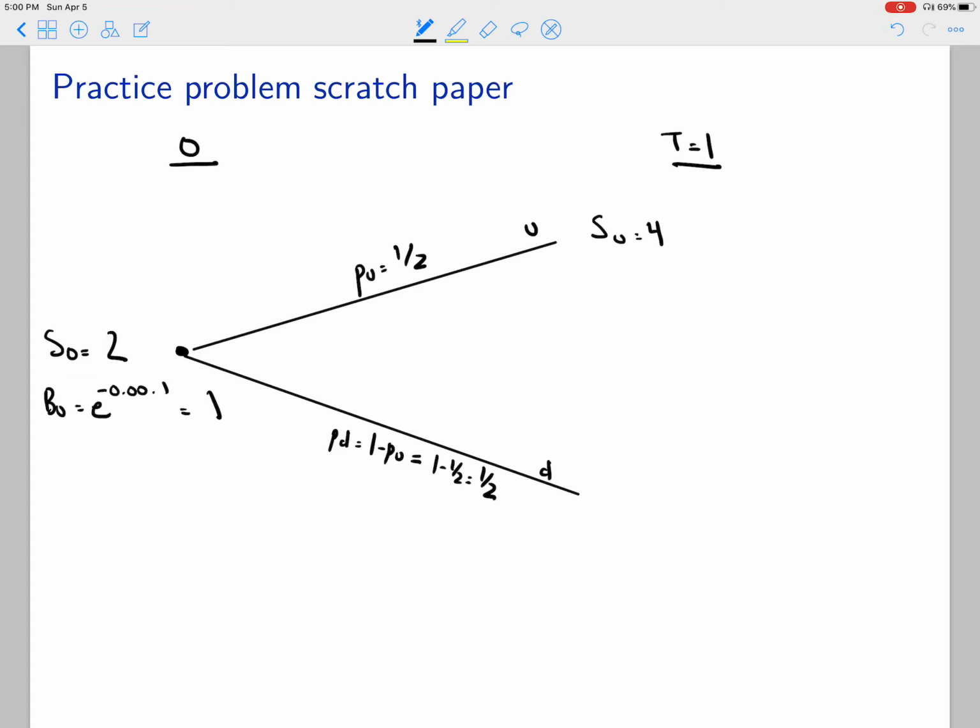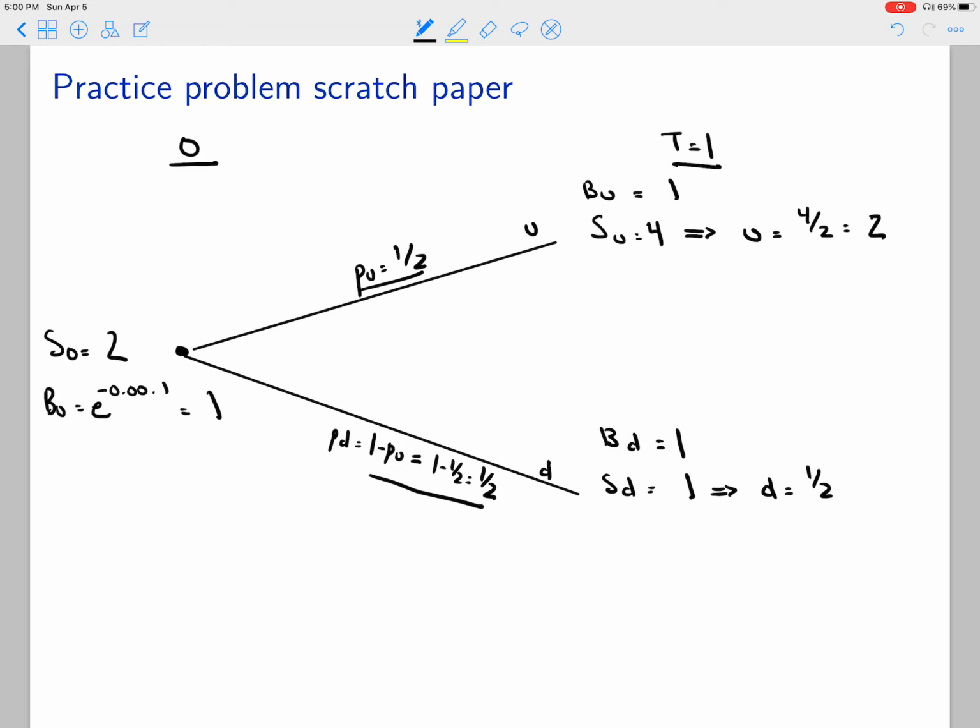This implies that the gross rate of return in the up state U is equal to 4 over 2, which is 2. And in the down state, the stock's payoff is S sub D. It's equal to 1, which implies the gross rate of return in the down state is equal to 1/2. Okay, the bond has constant payoff of B equal to 1 in both states. Okay, and like we said, the real world probability of moving up and down is 1/2.